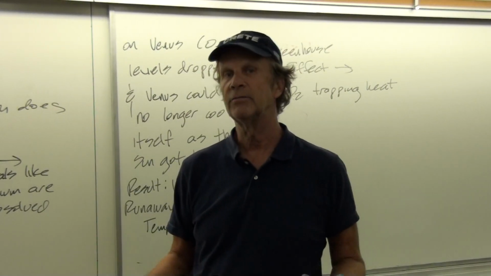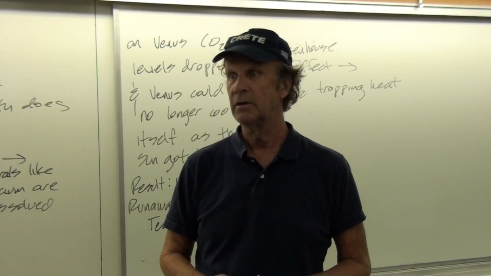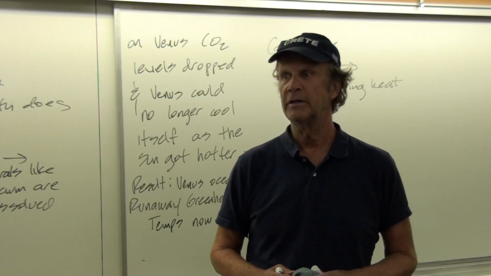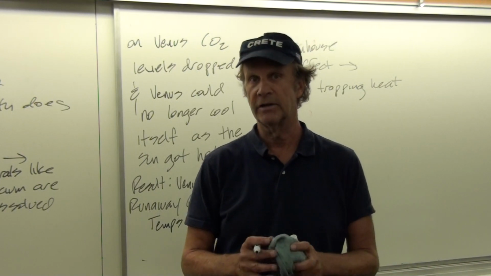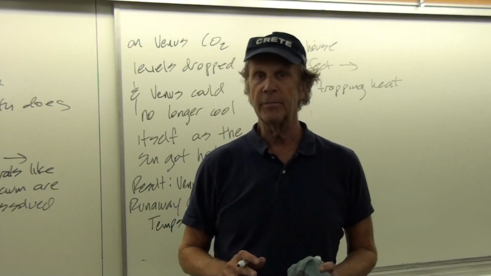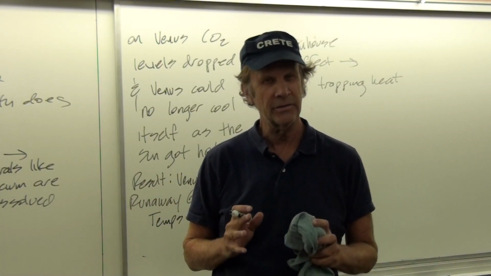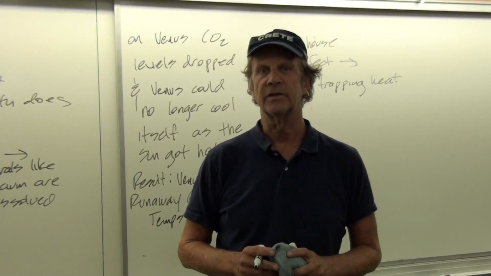So we might wonder then, well, could this happen to the Earth? And the answer is, we think so. We don't know when it's going to happen, but we believe that this is an inevitable consequence of the sun getting hotter, and now our carbon dioxide levels are way less than 1%. So that means that we're close to that critical point where we could follow in Venus's footsteps.